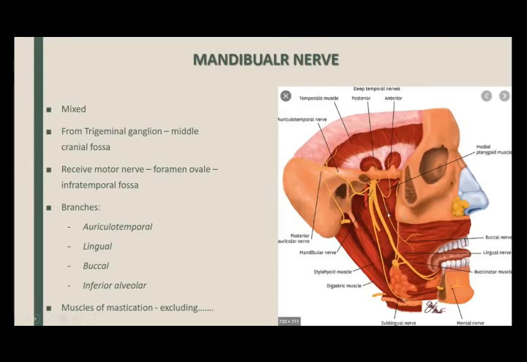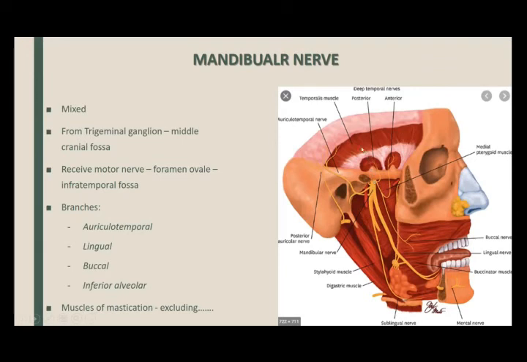ये सारा एरिया मैंडिबुलर डिवीजन की सप्लाई का है। So sensory fibers from the mandibular division go and make up the mandible, and at the foramen ovale they enter into the middle cranial fossa.